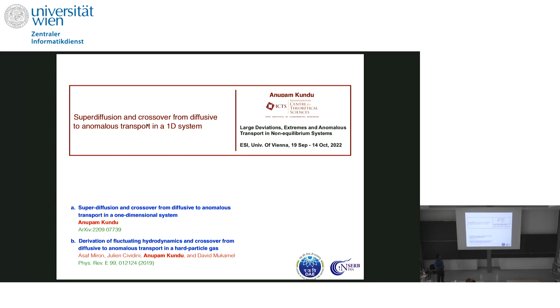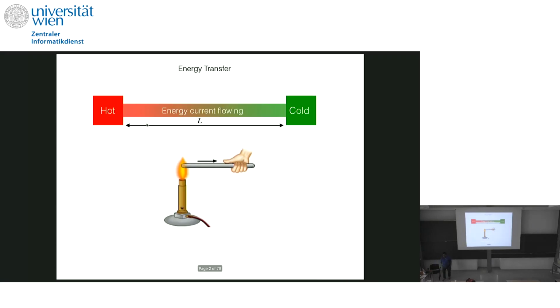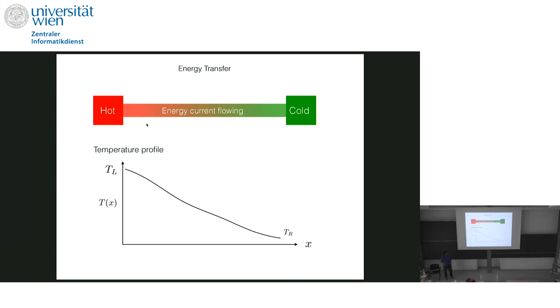Let me start with the very basic setup of transport. When you attach two reservoirs of different temperature across an extended system, an energy current starts flowing across the system, and a temperature profile gets established.